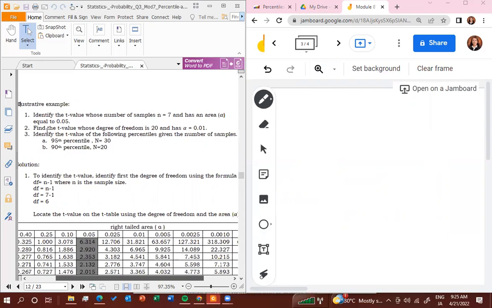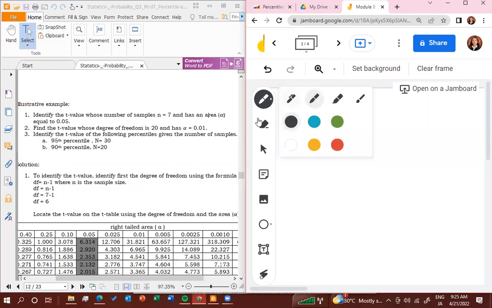The first question is to identify the t value whose number of samples n is equal to 7 and whose area, or tolerance, is equal to 0.05. So let's do step 1.